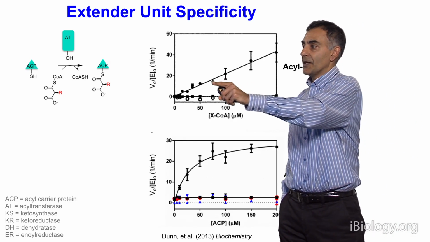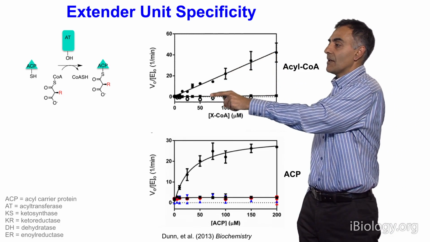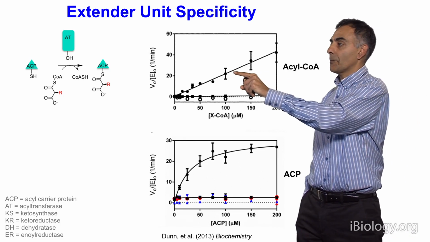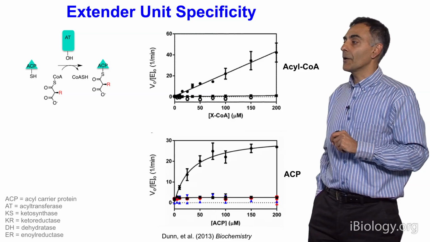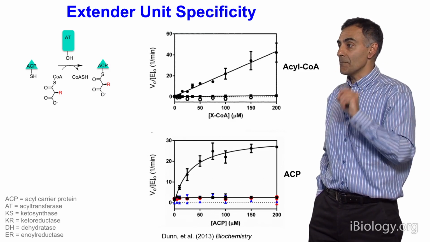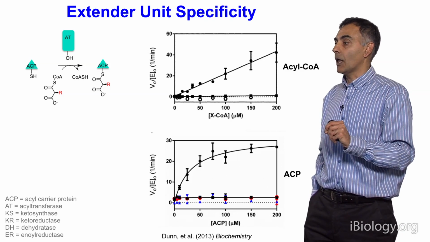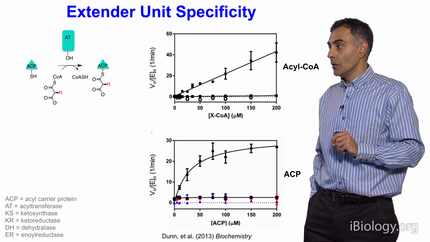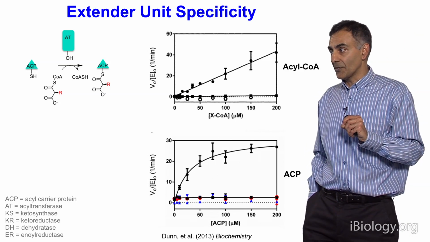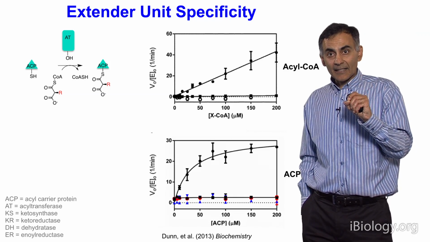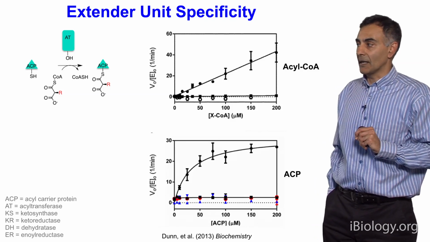So what you see in this graph is the velocity versus substrate concentration of the preferred substrate, which is methylmalonyl coenzyme A. And down here are the rates if R is 1 methyl short, in other words a hydrogen instead of a methyl, or 1 methyl longer, which is an ethyl group. And as you can tell, this acyltransferase that we're showing you data for in this slide is highly selective for a methyl group instead of 1 smaller or 1 larger.